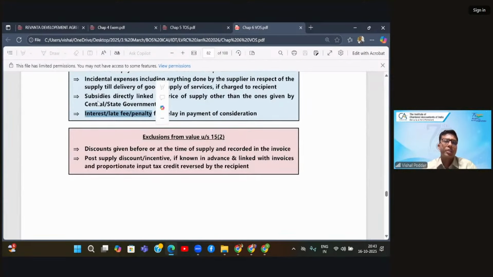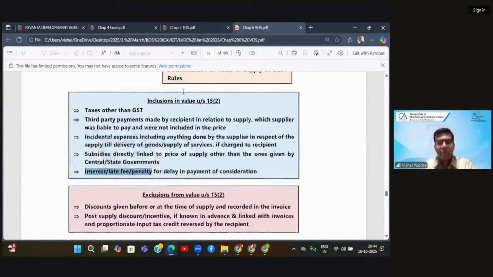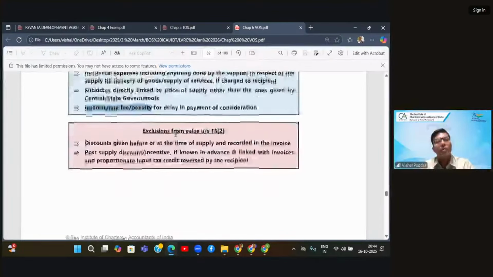This extra which I am going to pay is also part of the value, and GST has to be paid on this interest, fees, penalty at the rate of the original supply. So if the original supply is of goods, this interest will be treated as supply of goods. If the original supply is a renting service, this interest will be treated as renting service, and the rates applicable to the original goods or service shall apply. So these are the 5 items which have to be added if they are not already included in price.